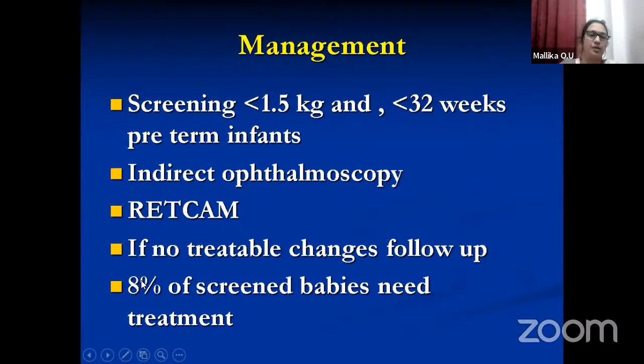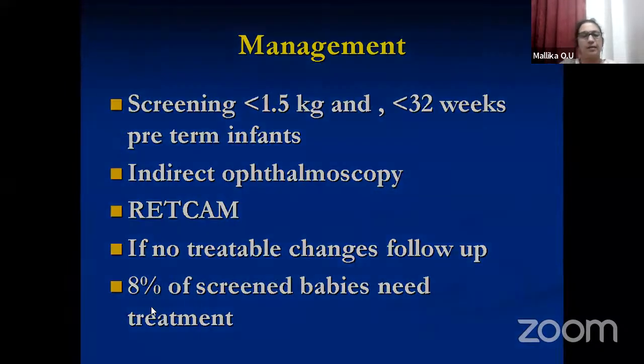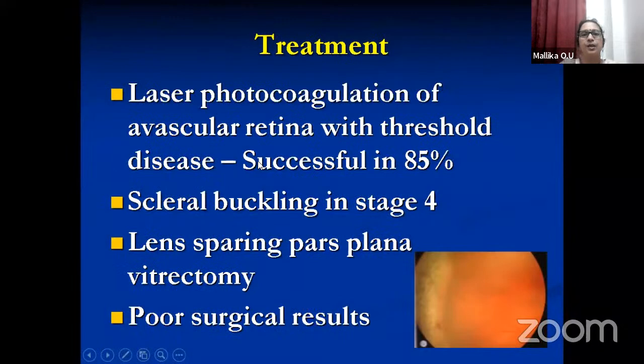And ROP is nowadays a very, very important cause which comes under so many medico-legal cases. So the treatment is again laser photocoagulation, and if it progresses into retinal detachment stage, you have to do surgery, which has a very, very poor prognosis.